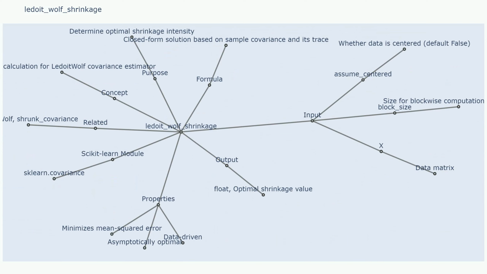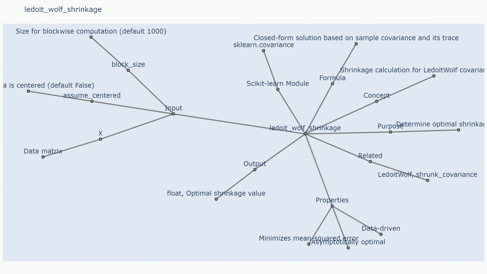Description: maximum number of iterations to be used in the computation of the shrinkage coefficient. Type: integer. Default: 100. Tol. Description: tolerance for the convergence of the shrinkage coefficient. Type: float. Default: 0.0001.